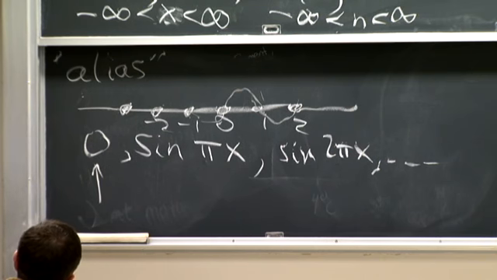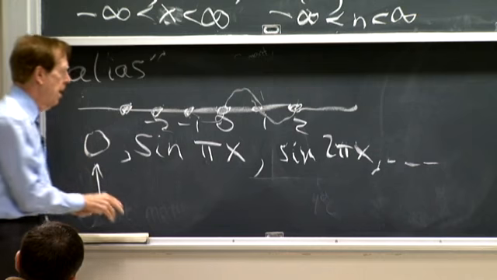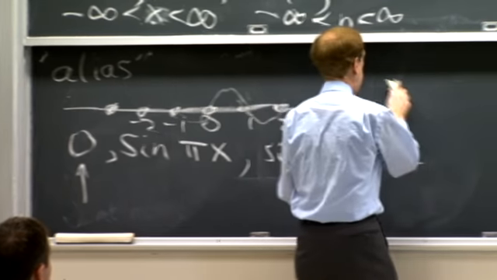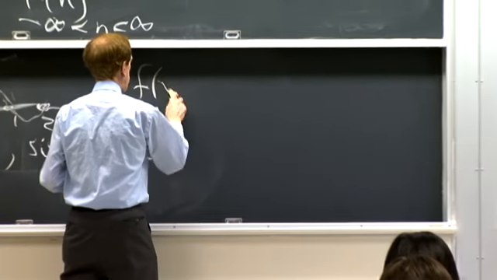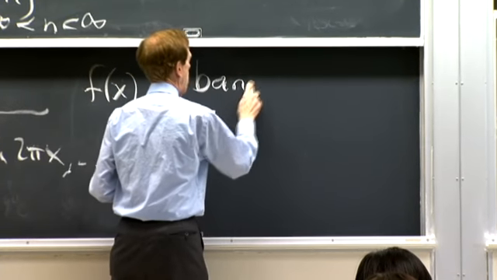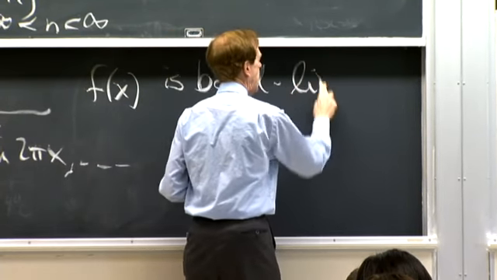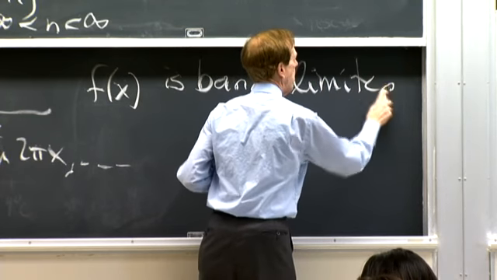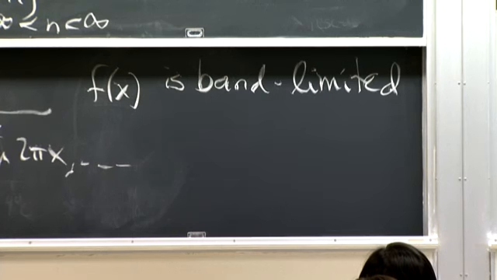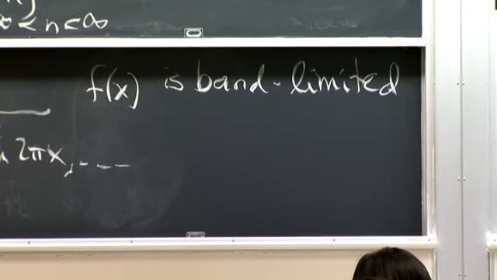So this is the instinct, that if I limit the frequency band, so I'm going to say f of x is band limited. Can I introduce that word? I'll maybe take a moment just to ask you if you've seen that word before. How many have seen this word, band limited? Quite a few, but not half.